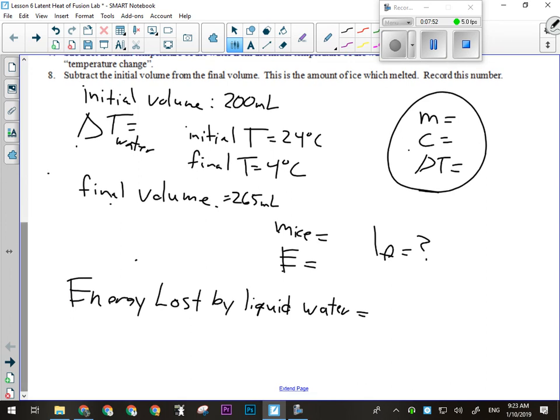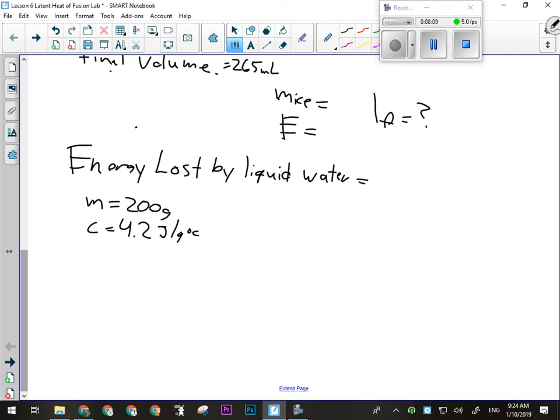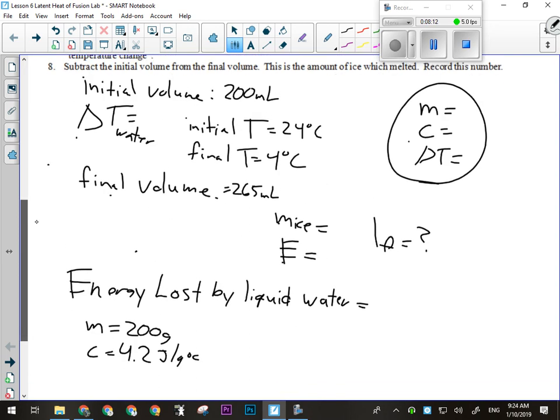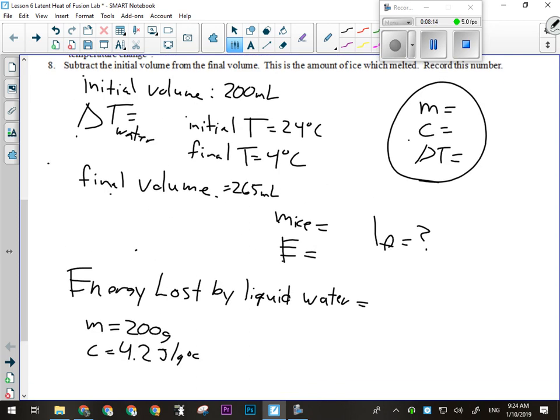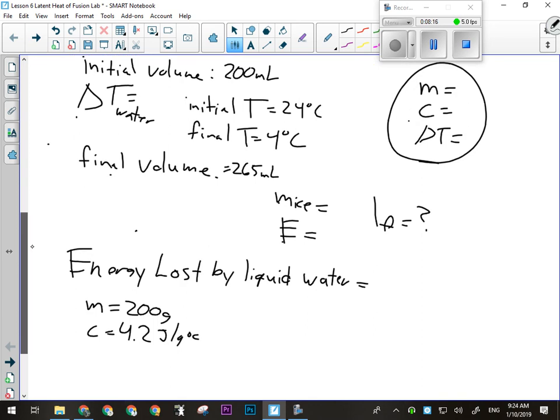Okay, so here's what we're going to do. We're going to take the mass of the water, which was the volume was 200 milliliters, so the mass is 200 grams. Okay, so m is 200 grams. Okay, the specific heat capacity is 4.2 joules per gram degrees Celsius. And for the data that I have here, okay, it says that my temperature change was exactly 20 degrees. It went from 24 down to 4.